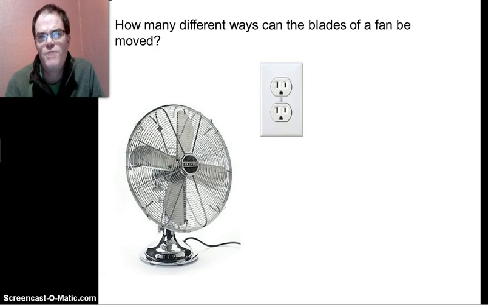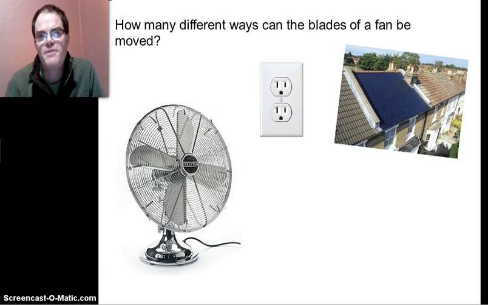But what's behind that outlet? Wires, you might say. Well, where do the wires come from? What, in other words, is the true source that would turn these blades round and round? Perhaps it's a solar panel attached to the roof of a house.